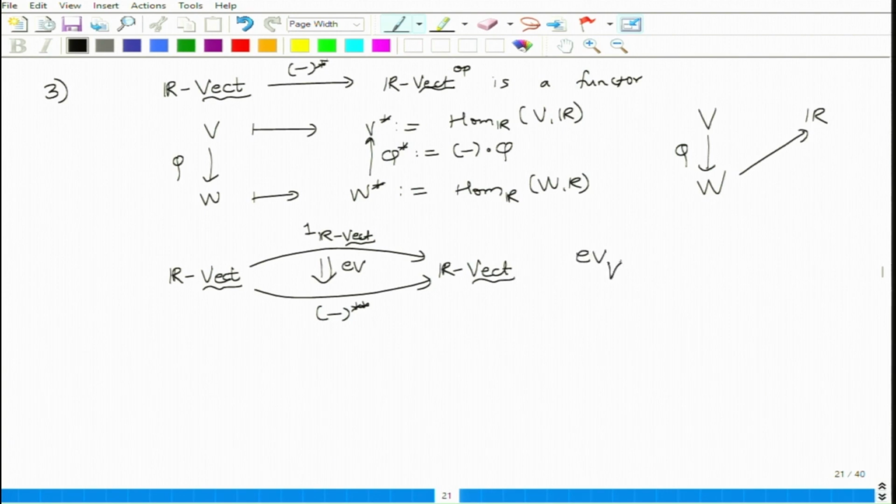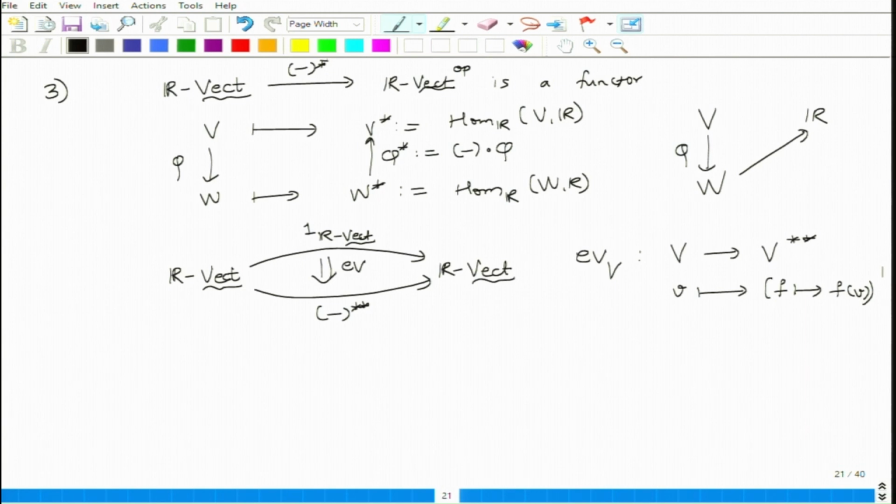If I want evaluation, then I should give its component, and this should be a map from V to V double star, correct? Because V is one R vect applied on V, and V double star is double star applied on V, and where should it send little v to? Yes, this should be a function which sends f to f of v. It is evaluate at v.